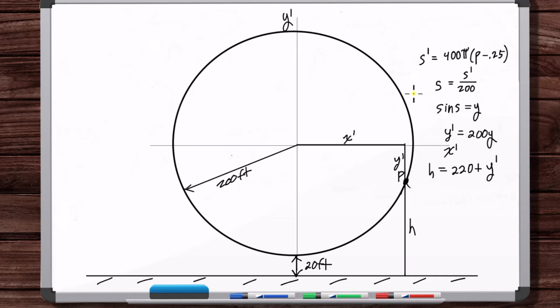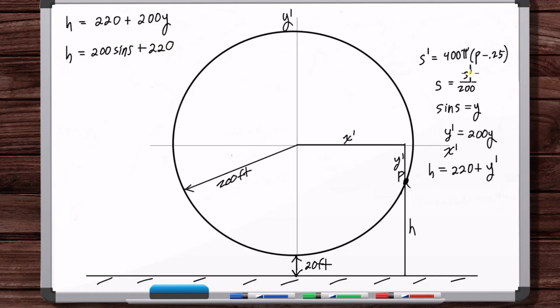So let's bring all this together. y prime is 200y, so h is 220 plus 200y. But y is sine of s, so 200 sine of s plus 220.